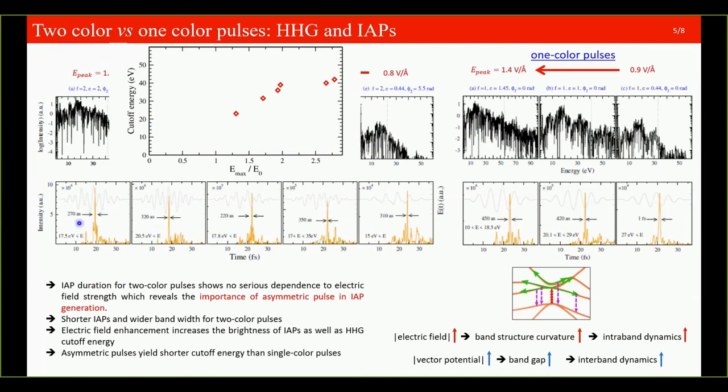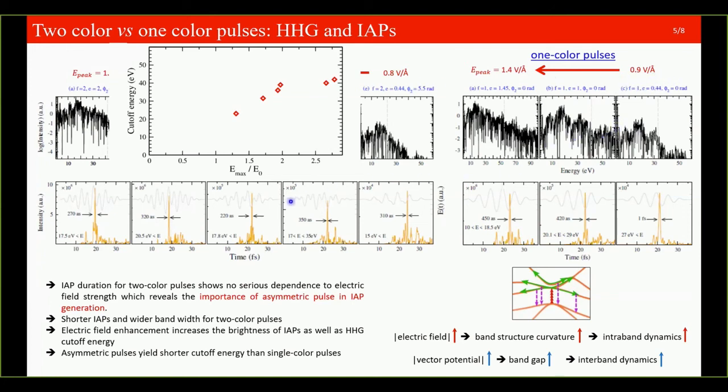pulse intensity. On the right, I show the high harmonics spectra for one color pulses. The pulse properties here are the same as the fundamental pulse, but its intensity, or the electric field, increases from right to left.